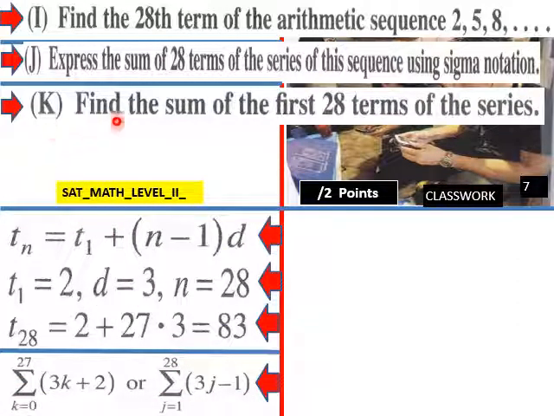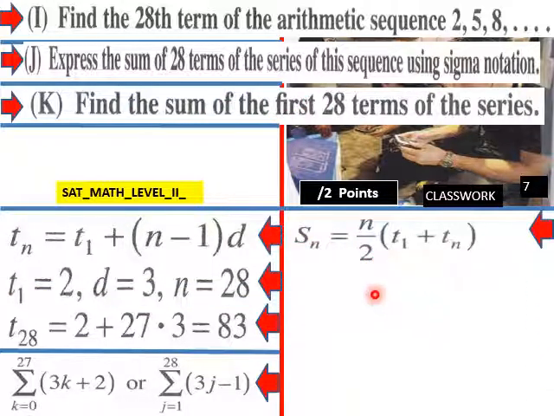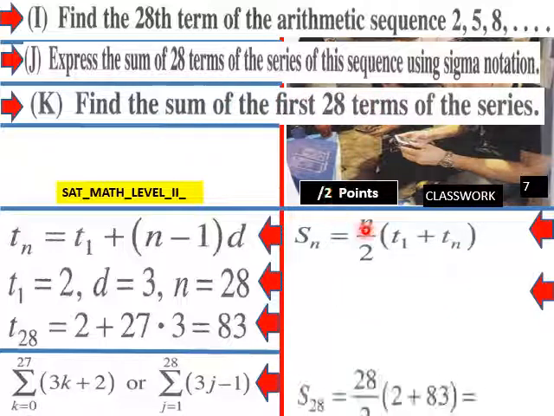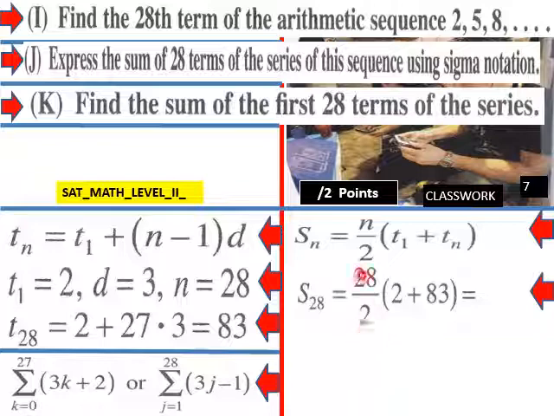And then, find the sum of the first 28 terms of the sequence. We have the summation of n equals n over 2 times term 1 plus term n. Instead of finding the term, we're going to find the sum now.